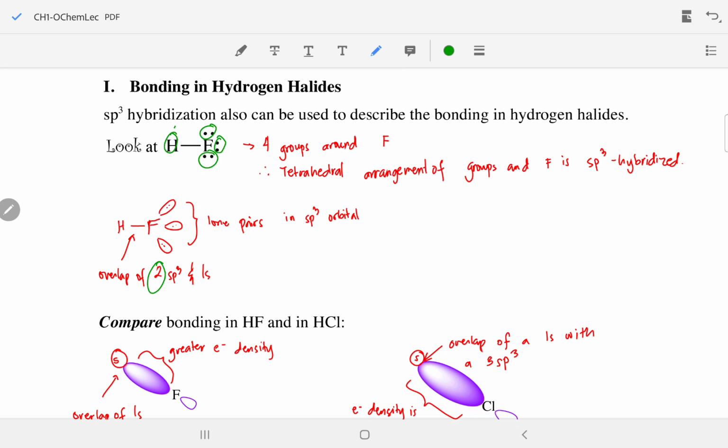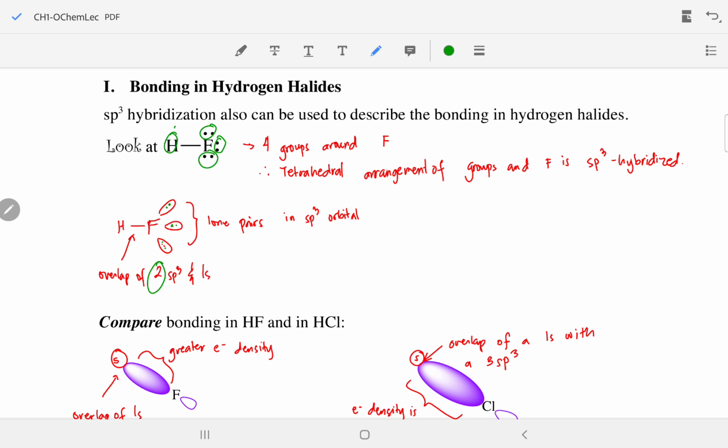Why 2? Because in the HF molecule, there are three lone pairs. These lone pairs are actually in the sp3 orbital. And in HF, there is an overlap of 2 sp3 and 1 s. What do you mean by 2?